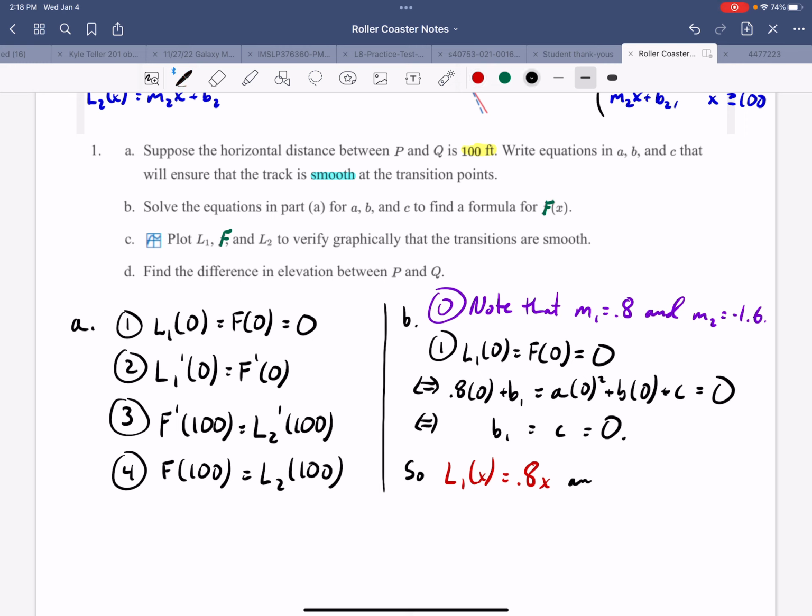And we also know a little bit more about f. Big F of x equals ax squared plus bx, and then plus 0, because c equals 0. We also know L2 equals negative 1.6x plus B2, but we don't need to worry about that right now.